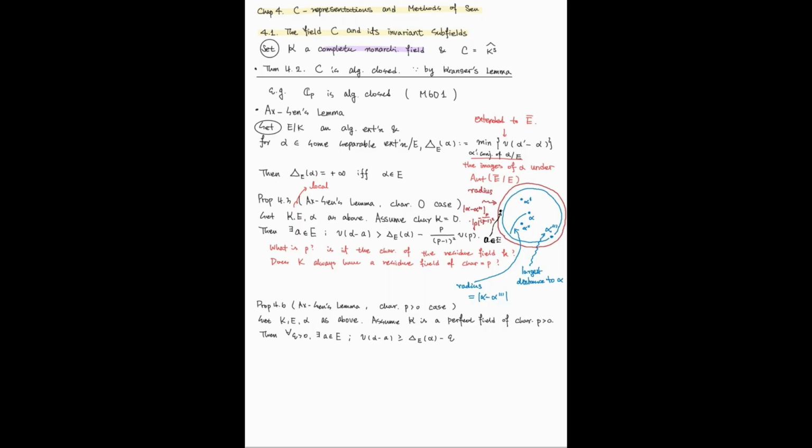This is alpha. This is alpha triple prime. And then the point is that we have another element which is maybe closer.